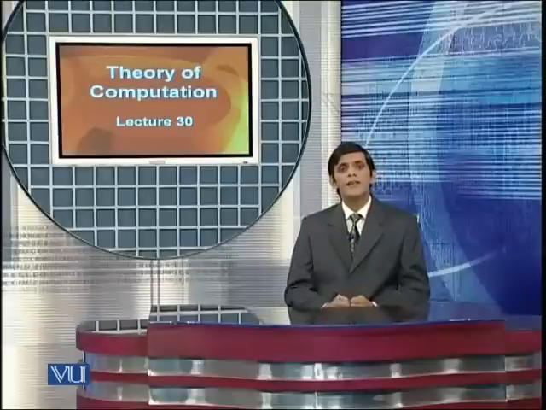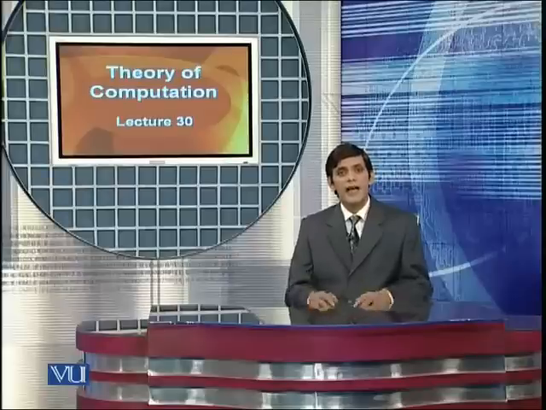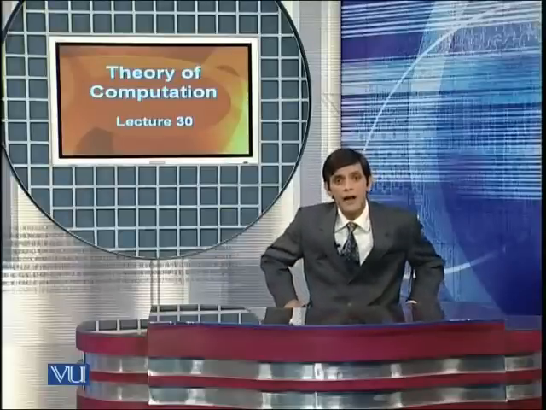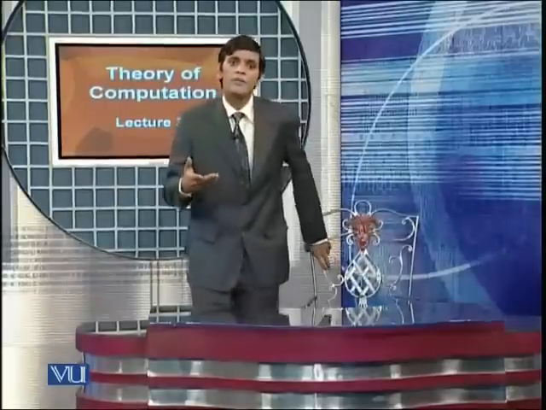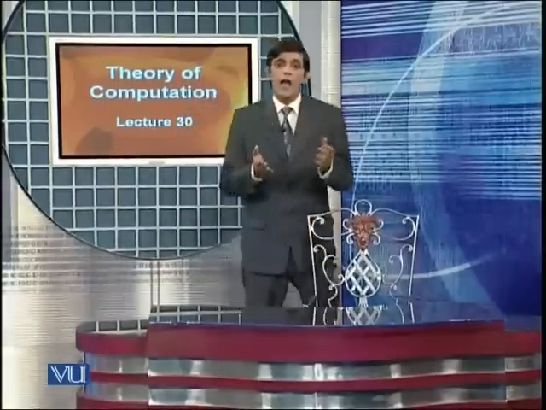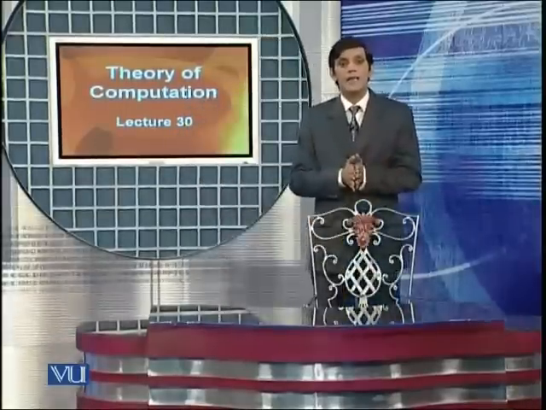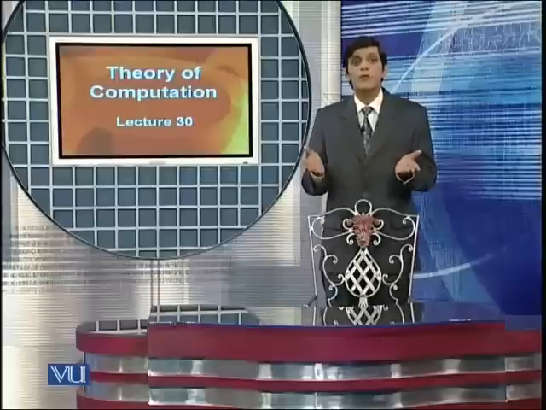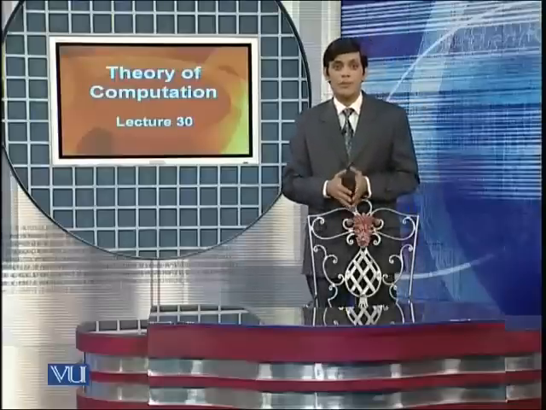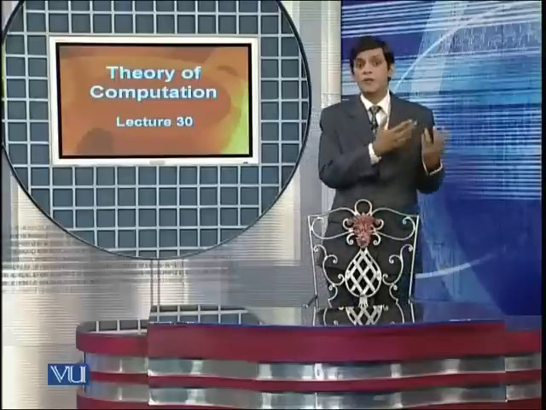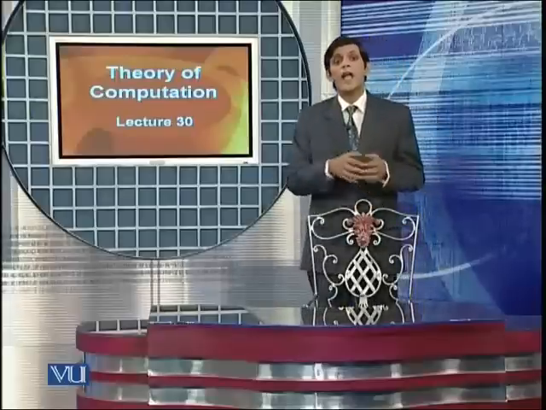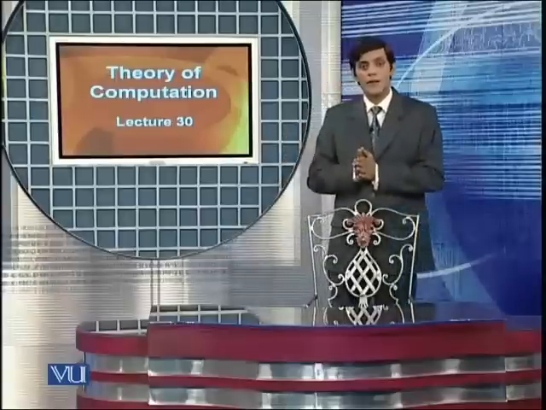So in today's lecture, what have we done? Well, we looked at the problem 3SAT, and then we looked at a graph theory problem. What we have done is we have related two problems which seem to be completely unrelated. One is a problem which talks about the satisfiability of a given Boolean formula. The other is a problem in graph theory.